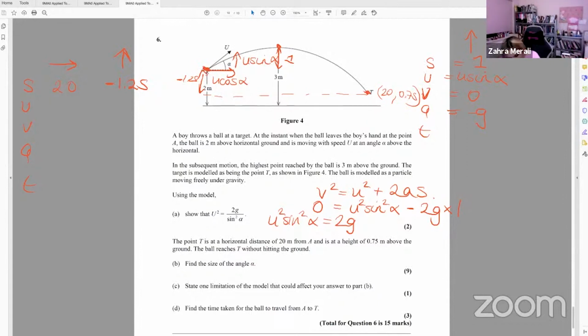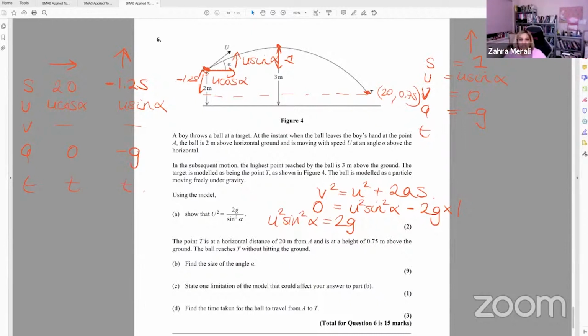Okay, we know we've got 0 minus G. We've got U cos alpha, U sine alpha, but we're not worried about those at the moment. We don't need to find the big T, it's just the point T, so that's going to be small t, because we're not told where that is.